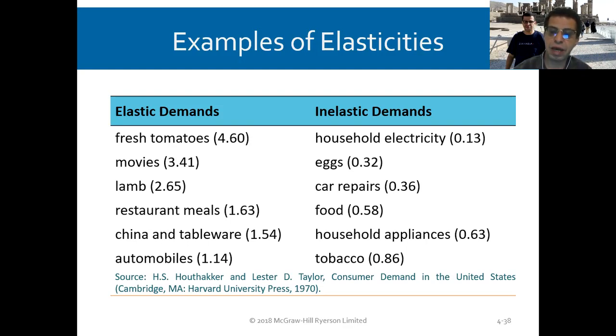The elastic demand applies to fresh tomatoes, movies, lamb, restaurant meals, china and tableware, and automobiles. So here you need to be careful when you increase the price, because your total revenue might be lower.